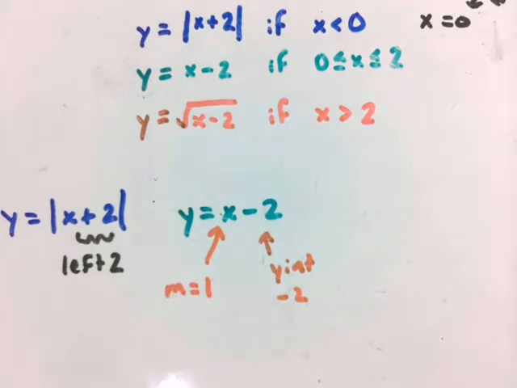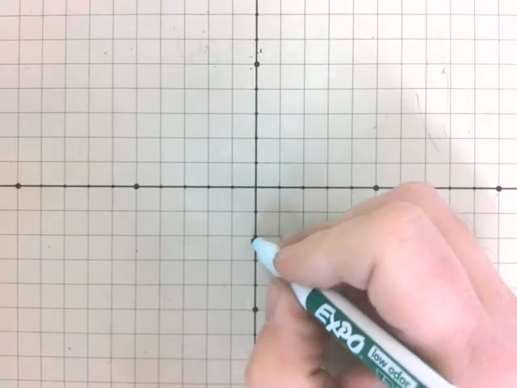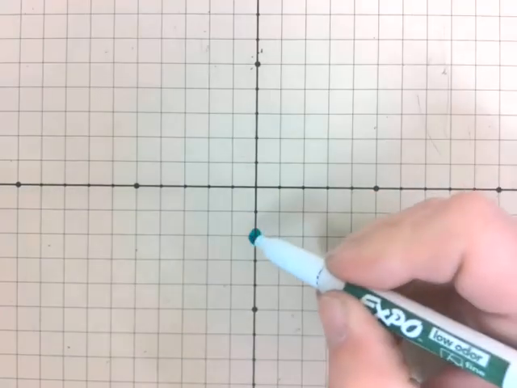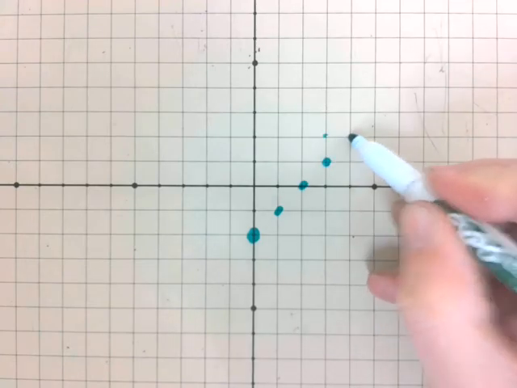So if you were going to do the entire graph of y is equal to x minus 2, we would graph our y-intercept first at -2, and then we would have a slope of 1, which would be up 1 over 1, up 1 over 1, and so on.